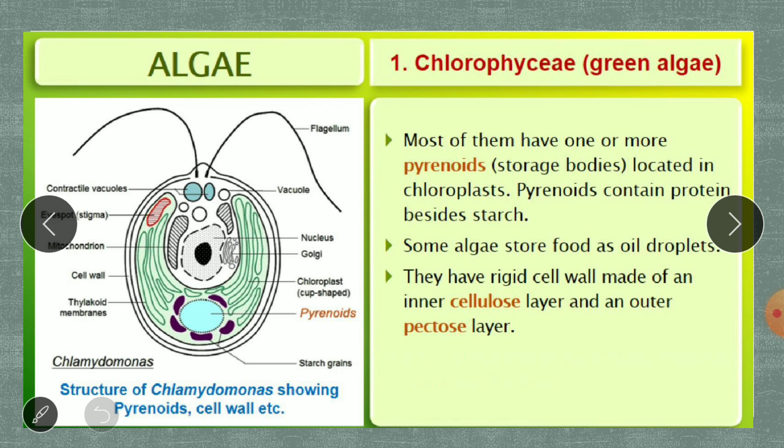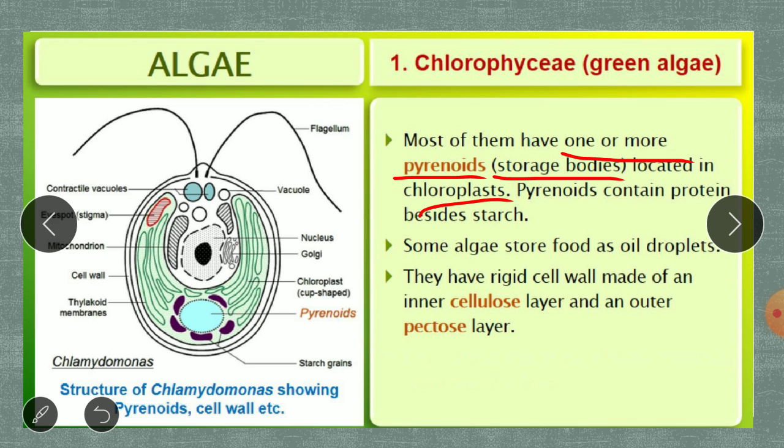Coming to the next part, let us see about the storage of food in the green algae, that is Chlorophyceae. Most of these green algae have one or more structures known as pyrenoids, which are storage bodies located in the chloroplast.